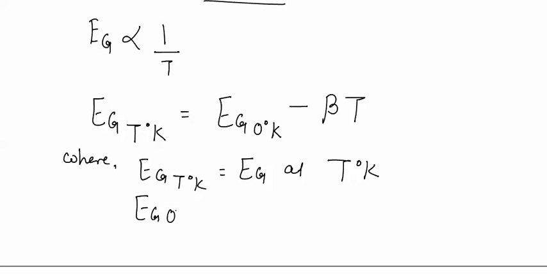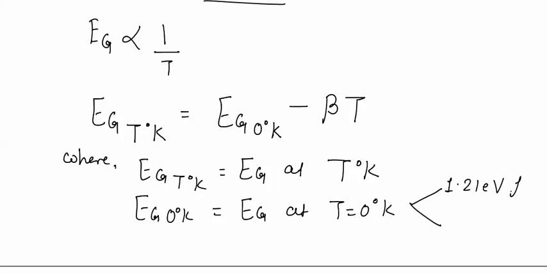Eg at 0 degrees Kelvin is the value of forbidden energy band gap at T equal to 0 degrees Kelvin. For the two materials, we know this energy is 1.21 electron volt for silicon and 0.785 electron volt for germanium. And beta is a material constant.